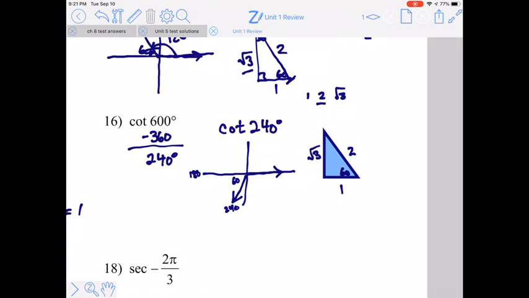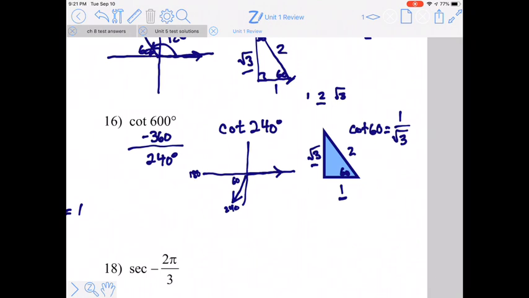Cotangent is the reciprocal of tangent. Tangent is opposite over adjacent, so this one would be adjacent over opposite. So the cotangent of 60 degrees would be adjacent over opposite.